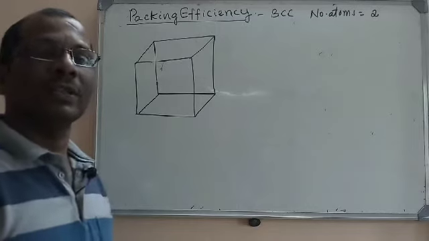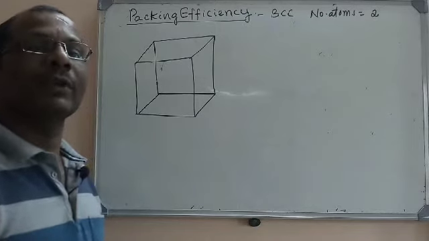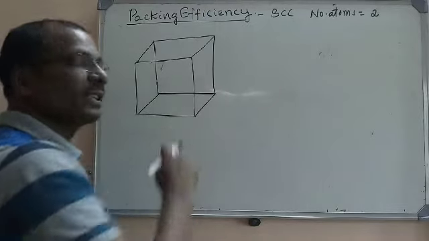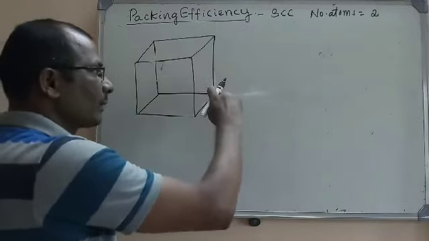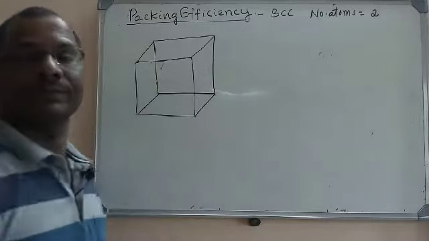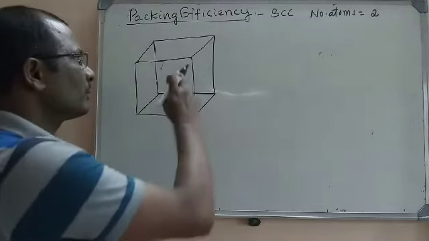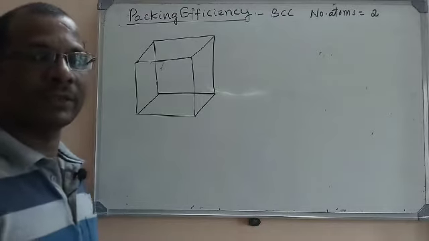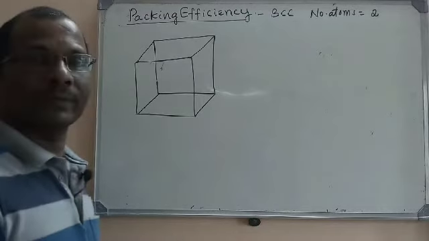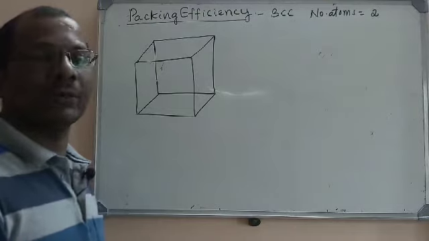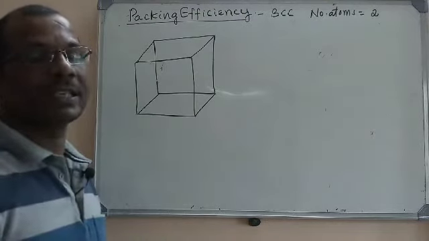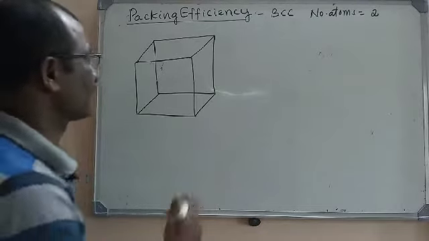There, in the FCC calculation, we took a face diagonal, meaning the line joining the 2 opposite vertices of a face. Here we are going to draw a body diagonal. We just draw only 2 atoms at 2 opposite corners and one at the center of the body. It is enough for our calculation.